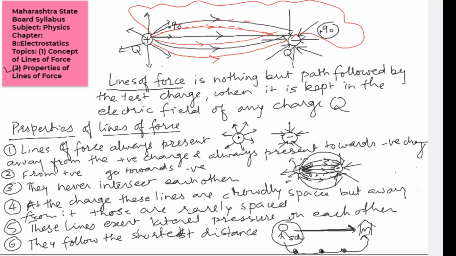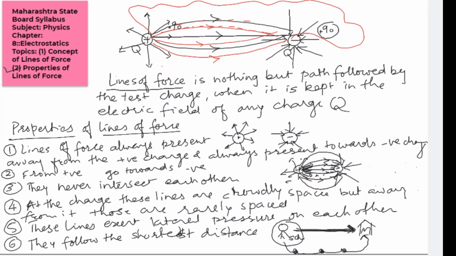When the pressure of that peer group or her friend is not there, because her parents don't know what she is doing and the friend is also absent, she follows this much longer distance and then goes home. But when her friend is present, she has to follow the shortest distance because of the peer pressure or the pressure of the friend.